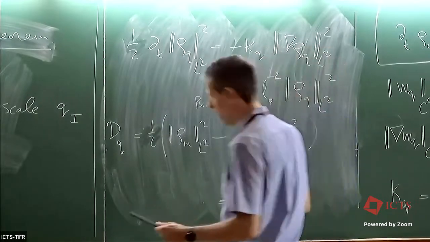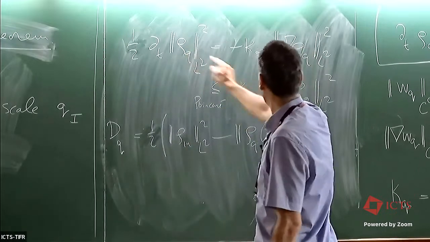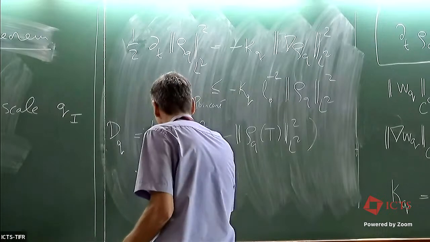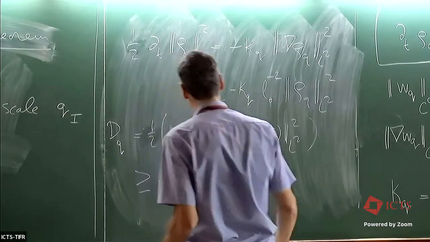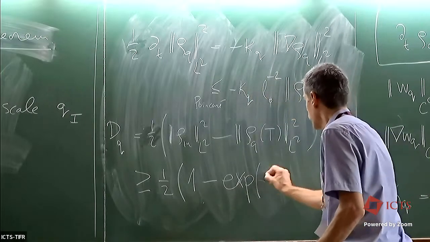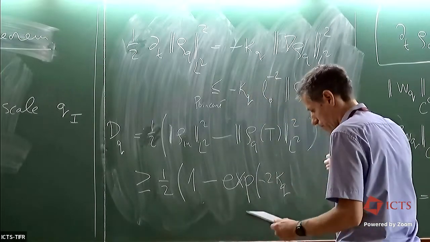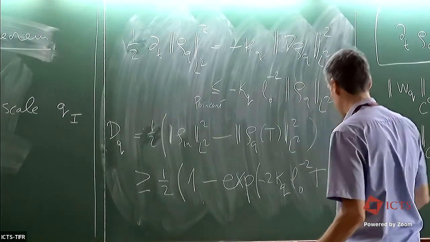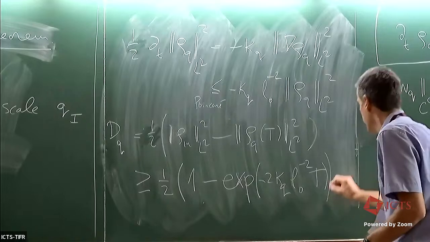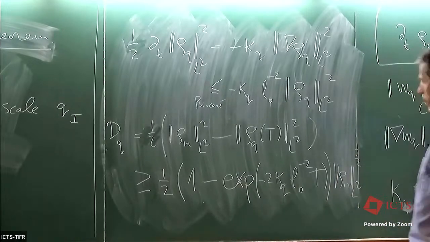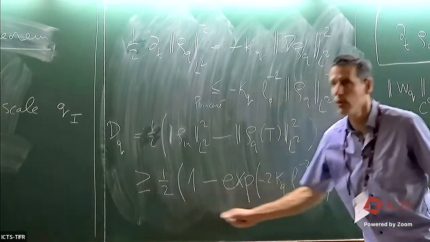By this relationship, that can be estimated from below by 1 minus the exponential of minus 2 kappa q L0 to the minus 2 times time, times the L2 norm of the initial data. So there's always this amount.